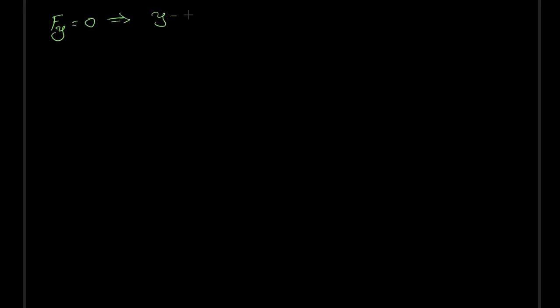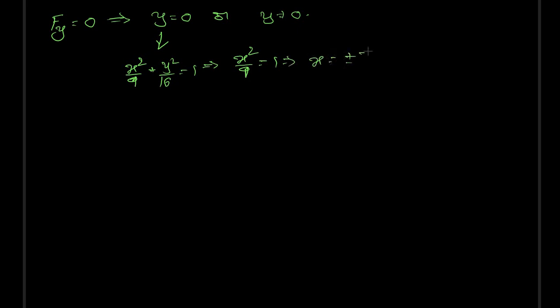This also gives two possibilities: y equal to 0 or y not equal to 0. Suppose y equal to 0 and it has to satisfy this equation, so x square by 9 equal to 1, which implies x equal to plus or minus 3. The critical points are plus or minus 3 comma 0.